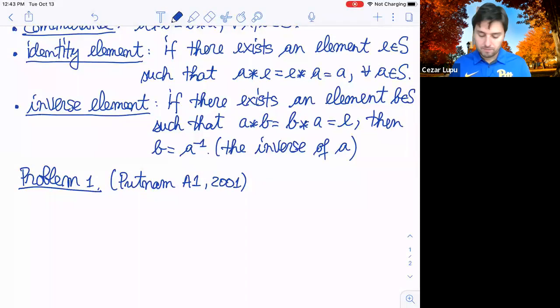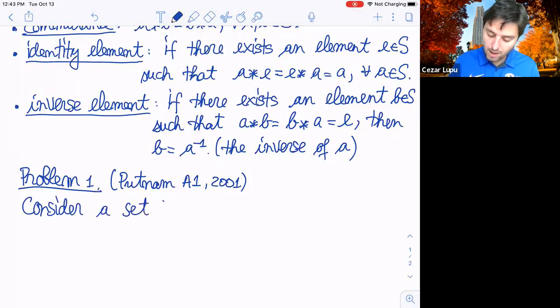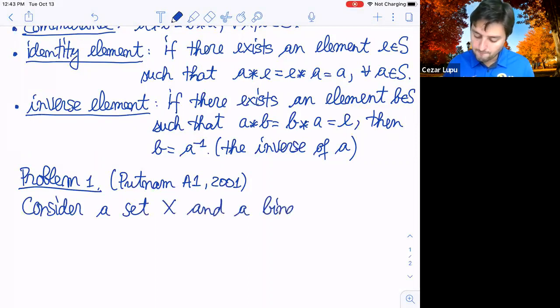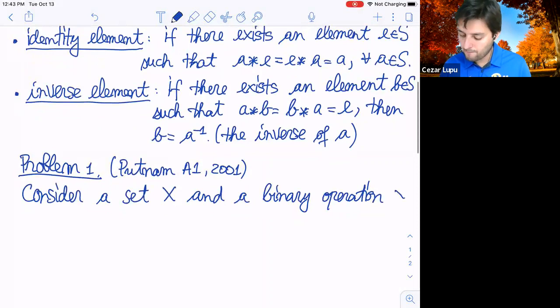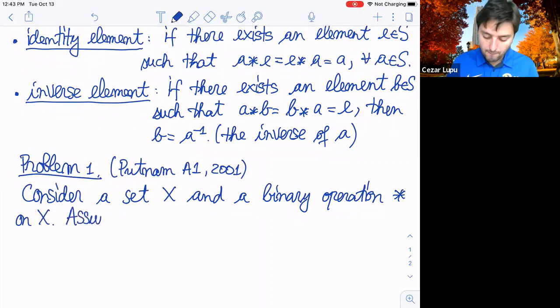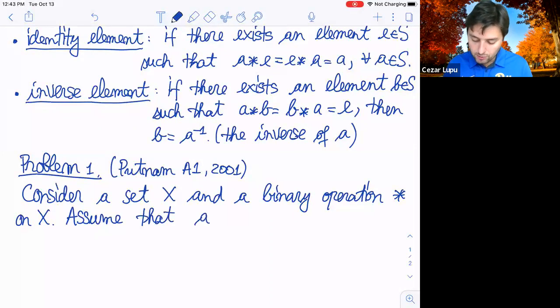Consider a set X and a binary operation, let's say star, on X. Now we assume that (A star B) star A is B for all A, B in X.